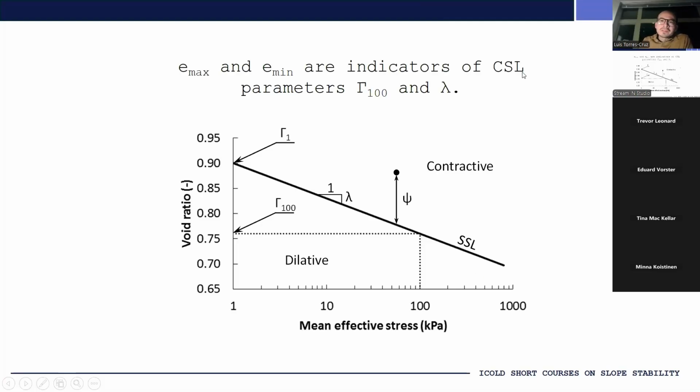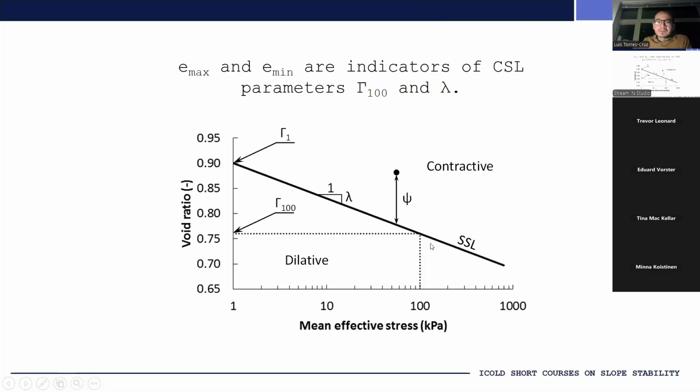And we know that this critical state line, we generally draw it in two projections. One of the projections is the one that I am showing here, void ratio versus mean effective stress. And it is very common to assume, at least as an engineering simplification, that if the mean effective stress is plotted on a logarithmic scale, then the critical state line will linearize.